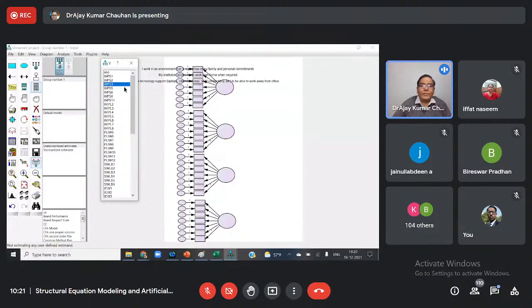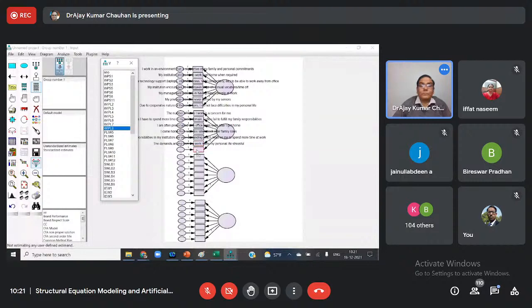This is a very famous scale of measuring work-life balance. Then we have work interface in personal life, WIPL. Then PLIW, personal life interface in work.